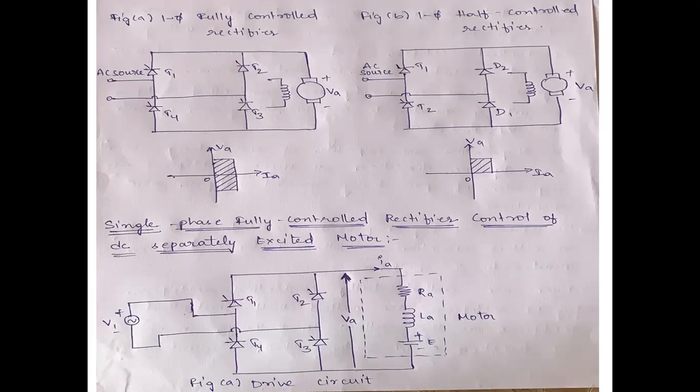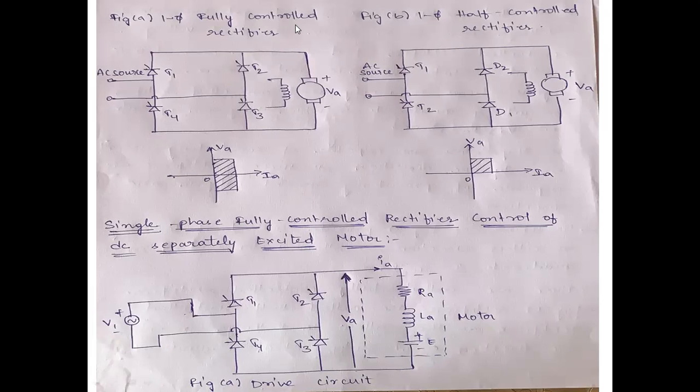As we know, thyristors are capable of conducting current in only one direction, so all these rectifiers provide current only in one direction. If there is a possibility of voltage in either direction, operation will be in the first and fourth quadrants. That is called fully controlled. The rectifier of figure A provides control of DC voltage in both directions.